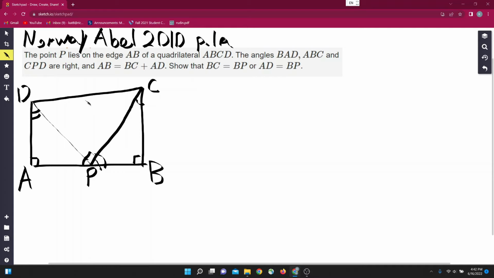Well, what does this tell us? Notice that we have three congruent angles in both of these triangles. All three angles are the same. And therefore, this proves that these two triangles are similar to one another. So let's note down some lengths so that we can use this fact. We say this is A, this is B, this is X, this is Y. Then we can match the angles together.